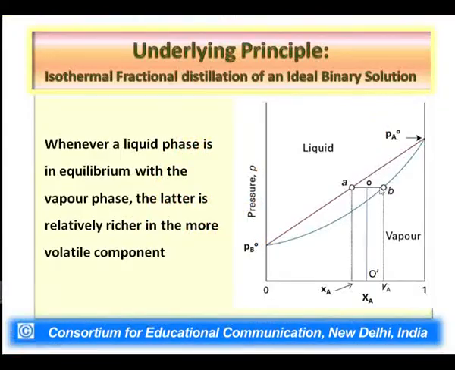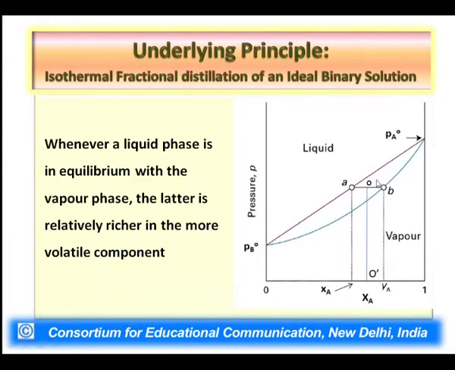As I discussed earlier, these two compositions can be obtained by drawing a tie line from point O onto the two different phases. These two points become point small a and point small b on this vapor pressure versus composition curve. So, ab is the tie line, and from this tie line, point a represents the composition of the liquid phase, and point b represents the composition in the vapor phase.